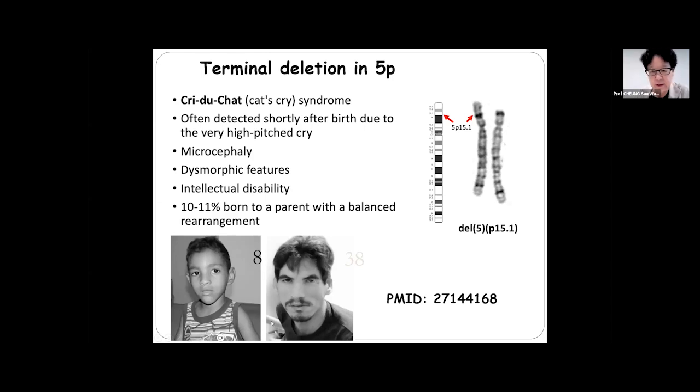So that's how we write it: 46,XY, comma, del 5, and then the band, so it's p15.1.